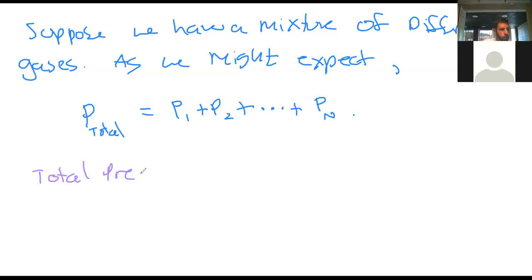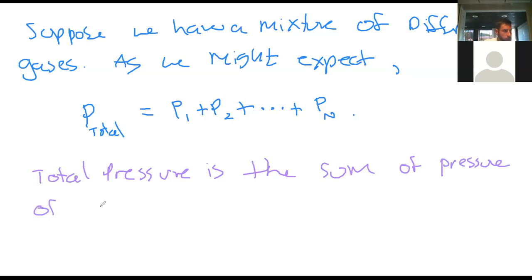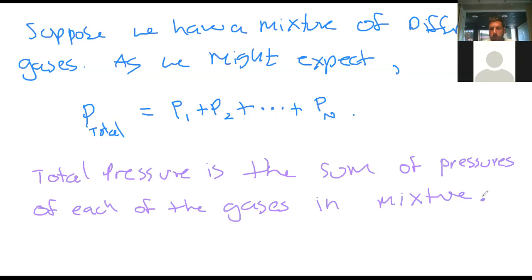The total pressure is the sum of the pressures of each of the gases in the mixture. So there's a name for this. It's called Dalton's law.